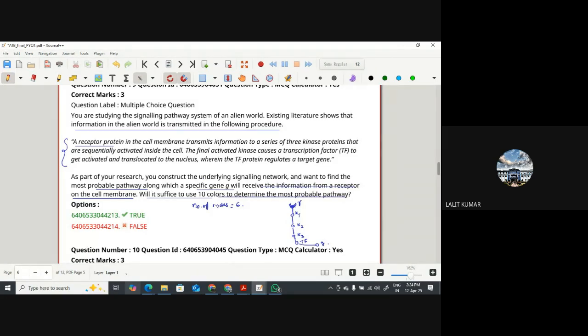So in this, the formula is that the number of colors has to be greater than or equal to K, the number of nodes. If it is there, then you can have a colorful path. Then here only I will cover the probability of a colorful path is equal to X permutation K divided by X to the power K. Is this okay? So the probability also comes, you can solve.